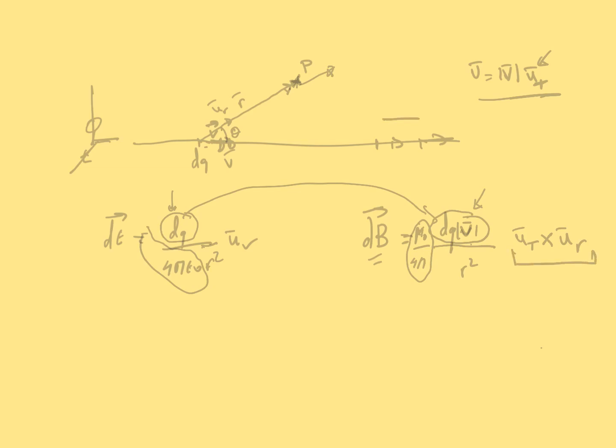So u sub t goes in this direction, like the v, and I'm looking at this position P, so u sub r will go in this direction, and u sub t cross u sub r, you rotate u sub t toward u sub r, and this is going to your eyes. So the magnetic field at this point is going to your eyes. The way to think about this is easier in the picture.